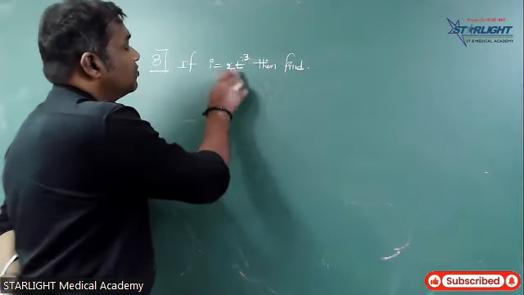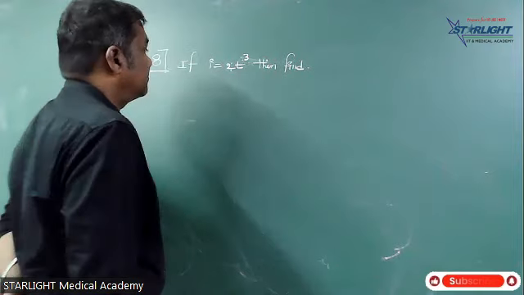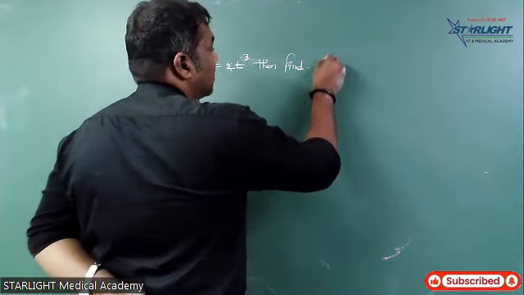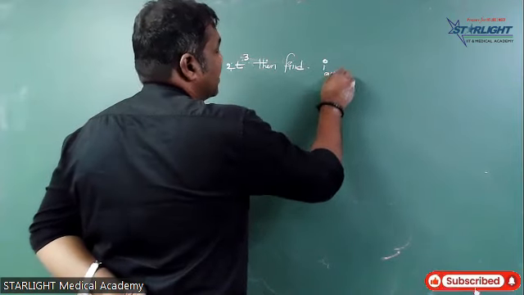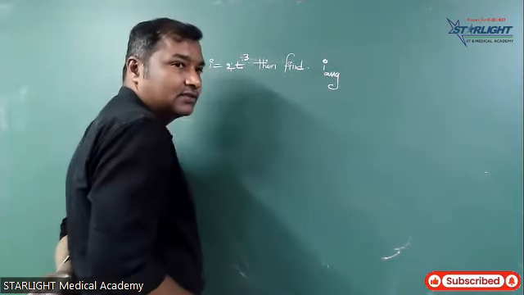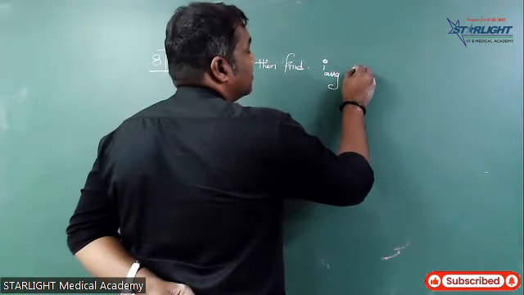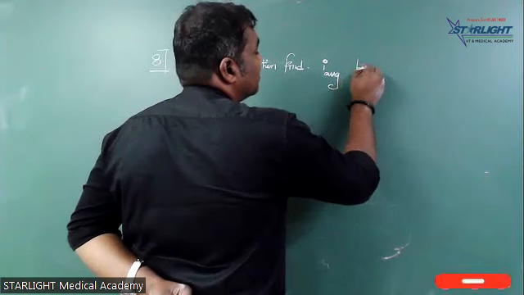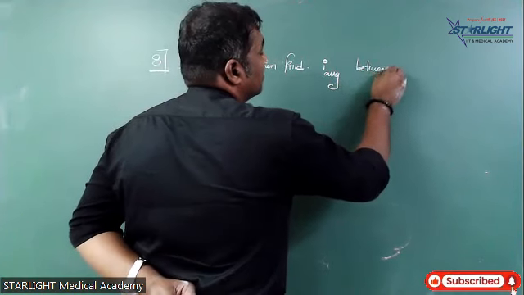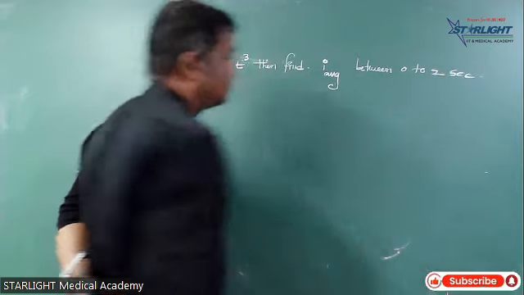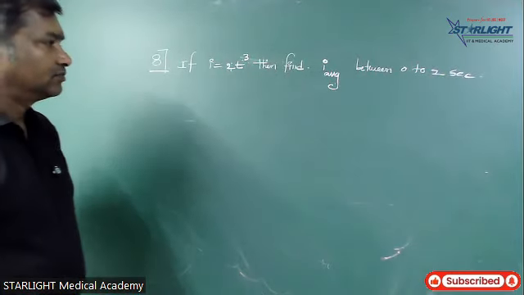If I is equal to 2t cube, then find I average between 0 to 2 seconds.